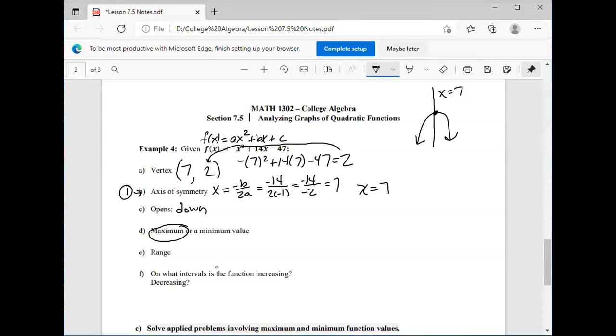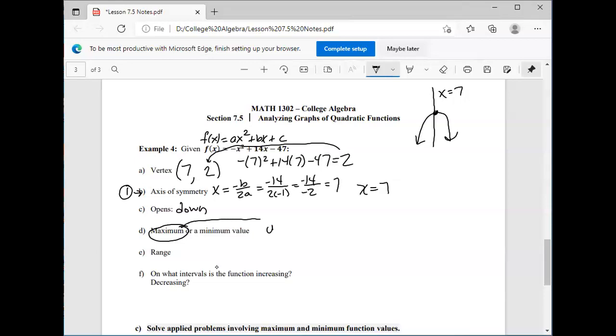Okay, this is not asking for other points on the graph, because we're not having to graph it, but if I needed other points on the graph, I would want to pick some values less than 7 and some bigger than x equals 7 so I could get both sides of that. This one did have a maximum value.